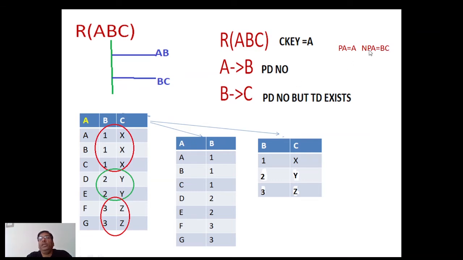Here we have non-prime attributes B and C, and C is dependent on B. That means a non-prime is dependent on another non-prime, so we say there exists a transitive dependency. If there exists a transitive dependency, then the relation is not in third normal form, and we are supposed to decompose it.